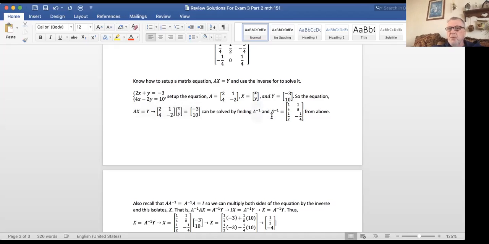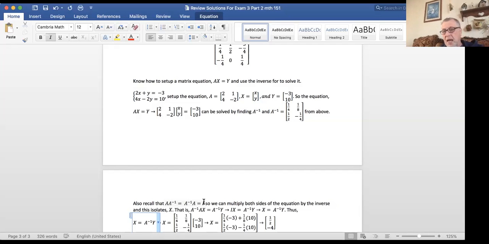So in this example, we found A inverse a couple of minutes ago. It's the 1/4, 1/8, 1/2, and -1/4 from above. Also recall that when we multiply a matrix with its inverse, or the inverse with the matrix, we get the identity matrix. The identity matrix doesn't change anything.